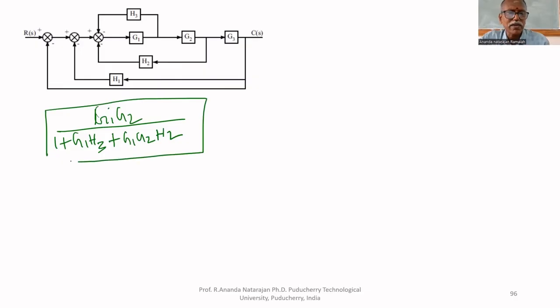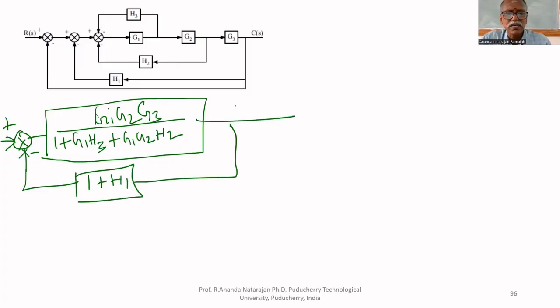This is multiplied by G3. R of S. This is minus, this is plus, 1 plus H1. C of S. That's all.